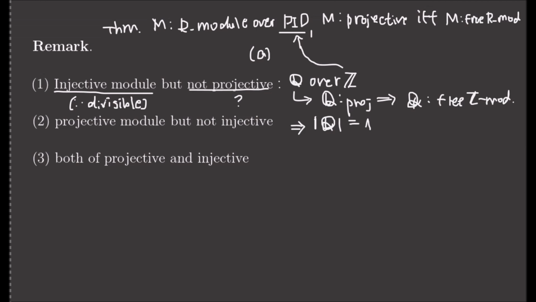This means the number of bases is 1. By the definition of basis, there is some element in Q such that it generates the whole set.